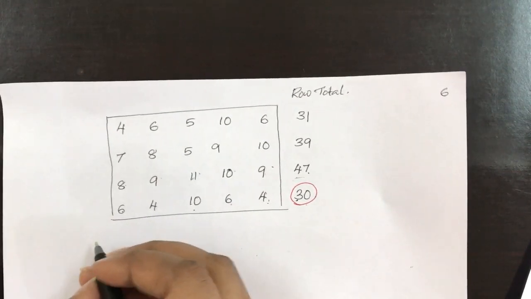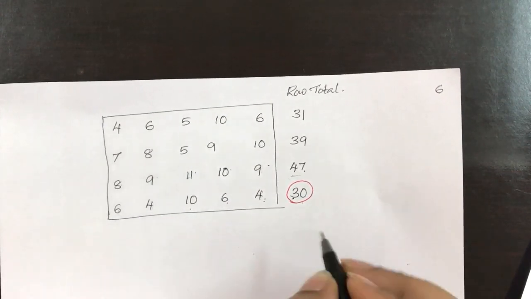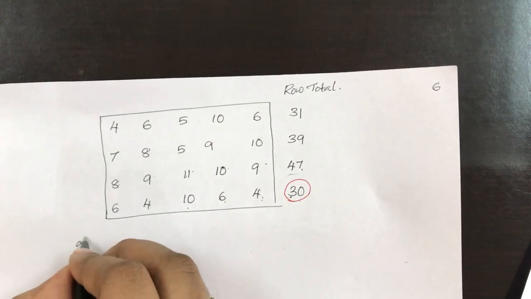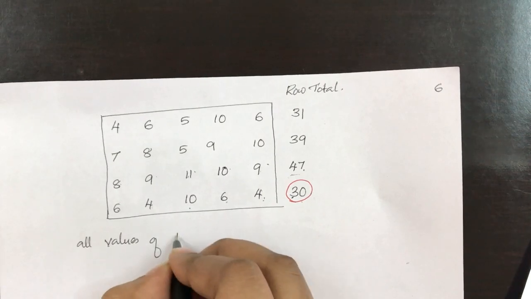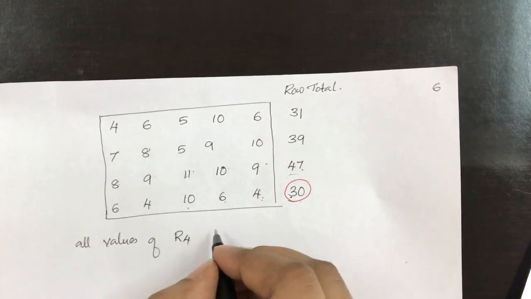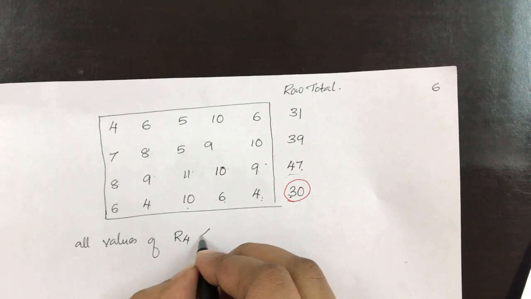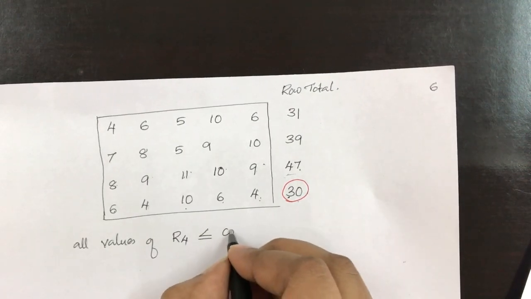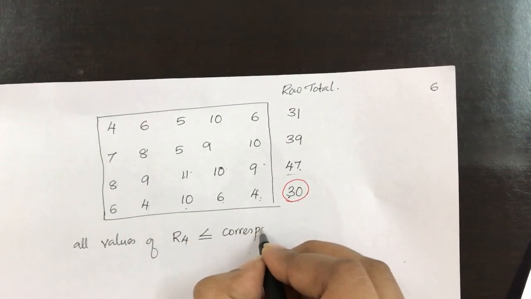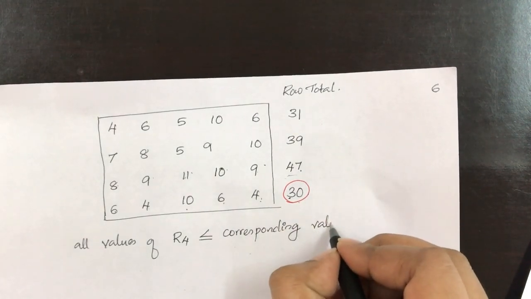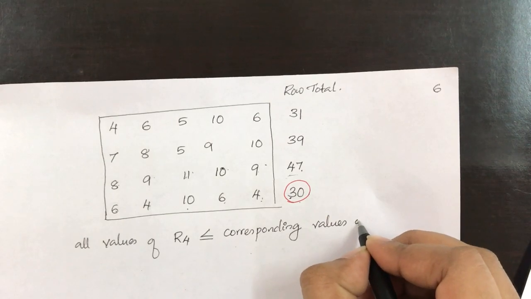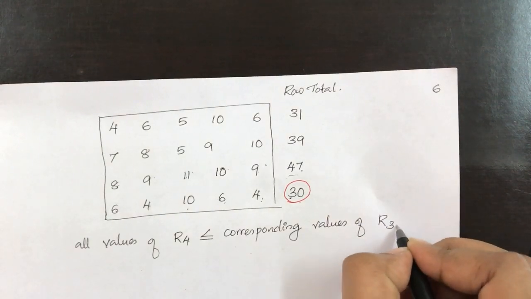For your information I will write the details here. All values of R4 are less than or equal to corresponding values of R3.